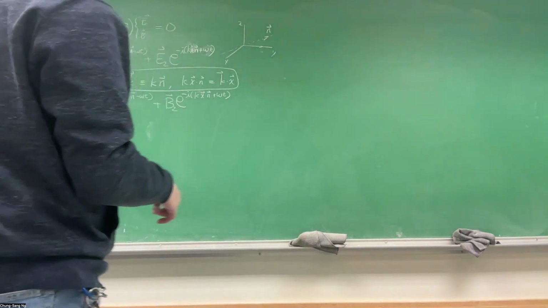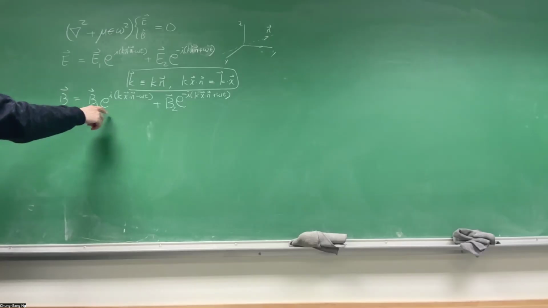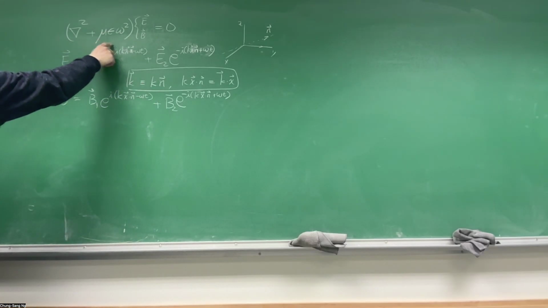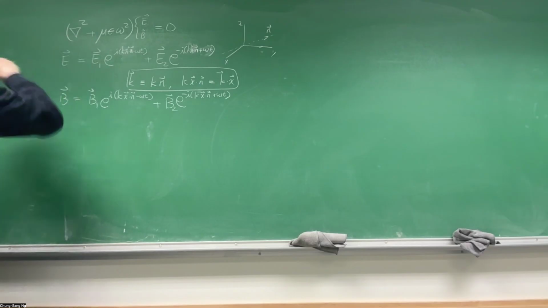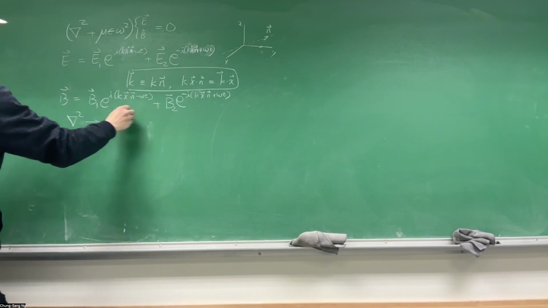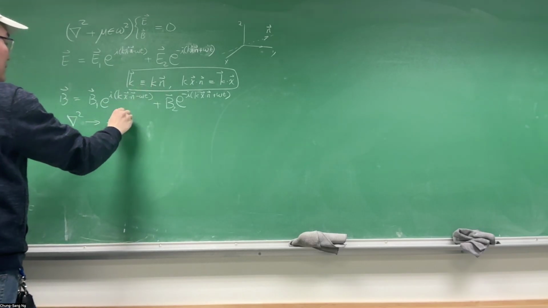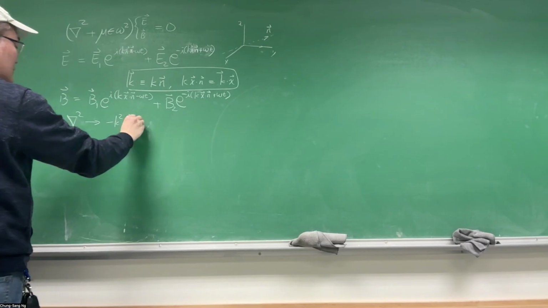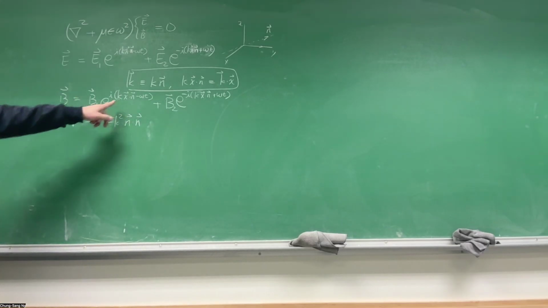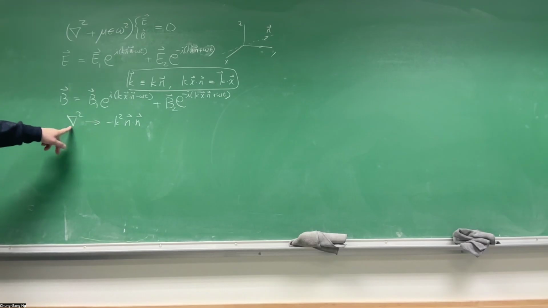And now we go back to this. If you plug this back into the Helmholtz equation, the Laplacian basically changes to minus k squared n dot n, because you have all these factors.